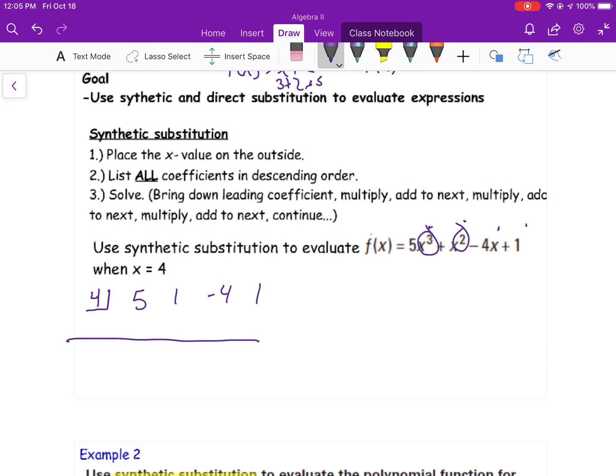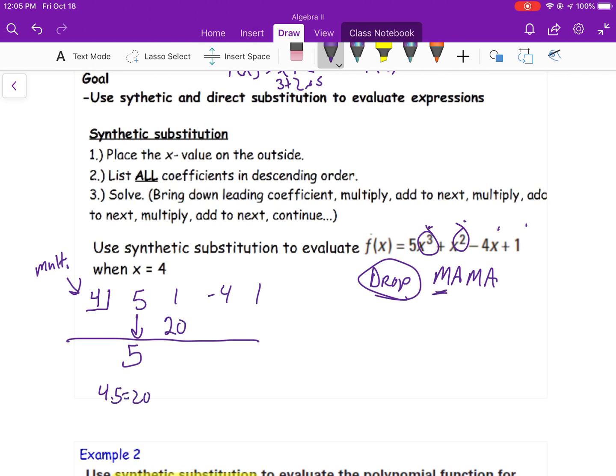I'm going to put a little acronym over here. It's called drop mama. What I mean is I start by dropping the first coefficient down, and the number in the box is my multiplier. So I take 4 times 5, and that's 20. There's the m for mama, and then I add. There's your a.